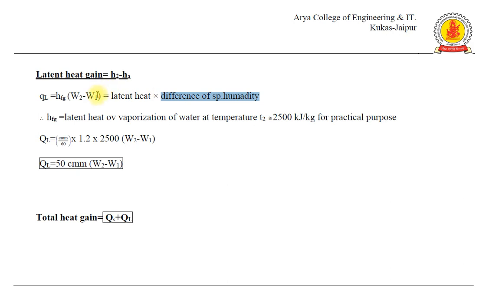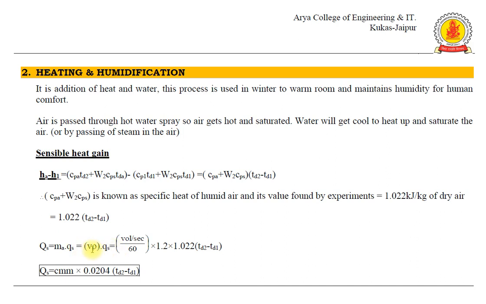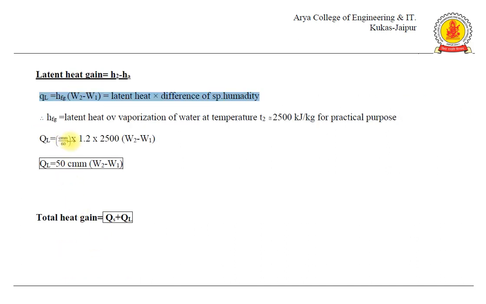So this is a unit quantity. To convert it for the whole bunch, we will multiply it by mass. Again we are doing what we have done here. CMM upon 60 into 1.2 density into 2500 into W2 minus W1. Its value is calculated as 50 cubic meter per minute into difference of specific humidity. And we can calculate total heat gain as this heat portion plus this heat portion, that is sensible heat plus latent heat.